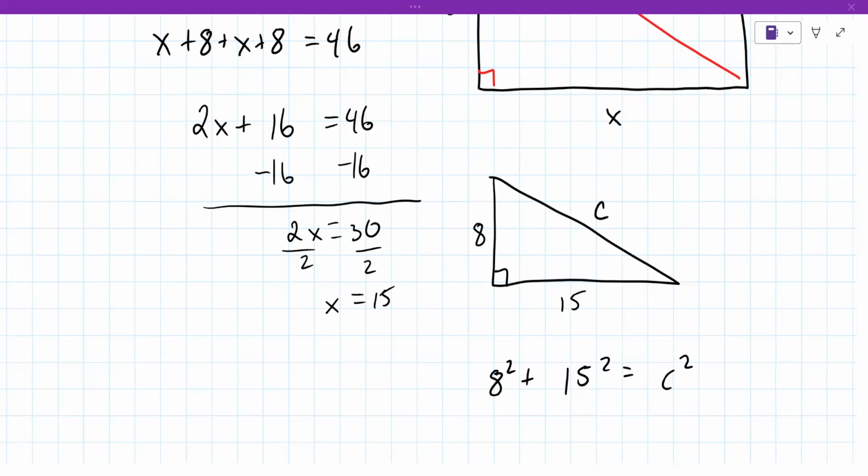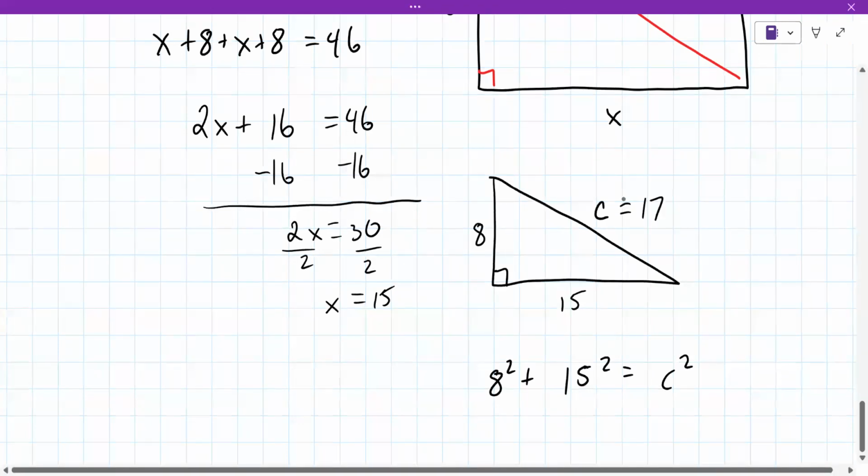289. Okay, and then you got to take the square root of that. The square root of 289 would be 17. Okay, so c is 17, and I think that is what it was looking for.